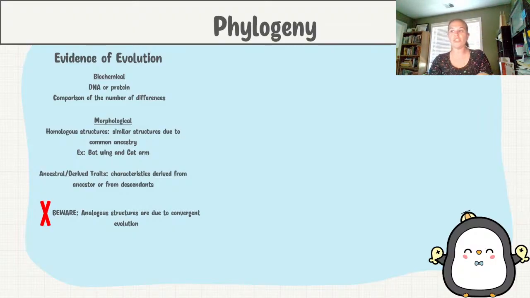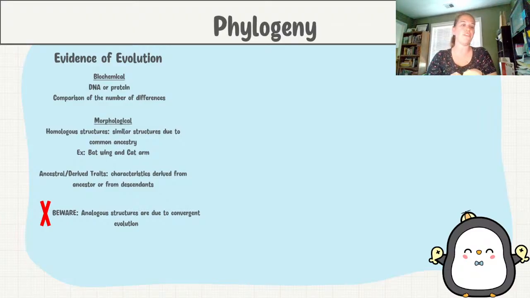Analogous structures are due to convergent evolution. Convergent evolution has to do with organisms being in a similar environment, and because they were in a similar environment, a similar trait was more favorable. Because it was more favorable, they were more likely to survive, and so we saw an increase in the frequency of that trait in that population. So they didn't have a common ancestor, and although their traits are the same and they have a similar structure, they are not related.